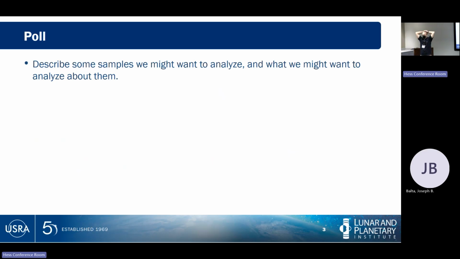Okay. Somebody else, name some stuff you might want to analyze in the SEM. Describe material for me. We'll start up here. Cool. Excellent. Okay. Rocks and minerals in various forms. Cool.